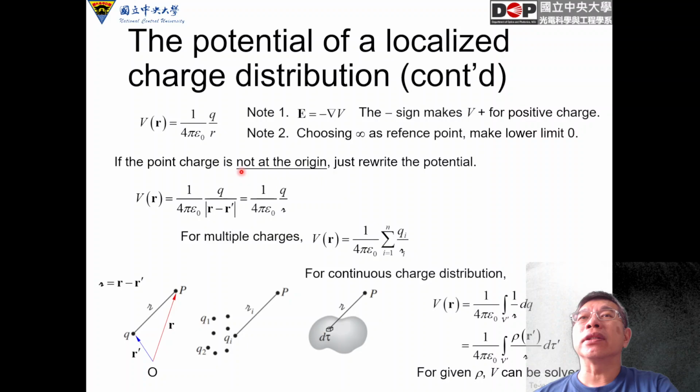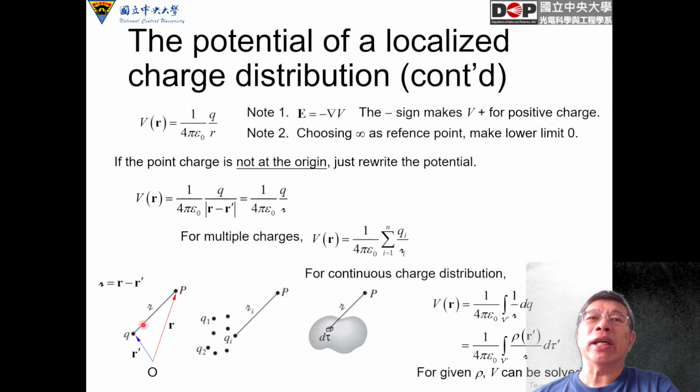If the point charge is not at the origin, just rewrite the potential. Now this is the displacement vector we mentioned earlier again and again. It involves the reference point, your charge, which we label with a prime, and your point of interest, without a prime.